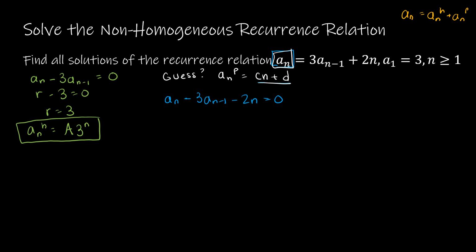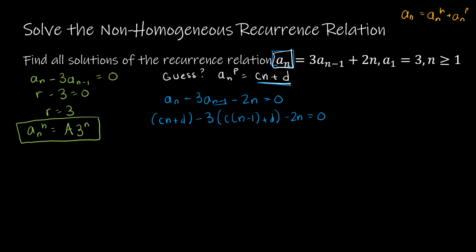So a sub n is now cn plus d. Then I keep my 3, and a sub n minus 1 is going to be cn plus d, but instead of n, I'm going to use n minus 1. So that's c times the quantity n minus 1 plus d. And then of course I have minus 2n equals 0.